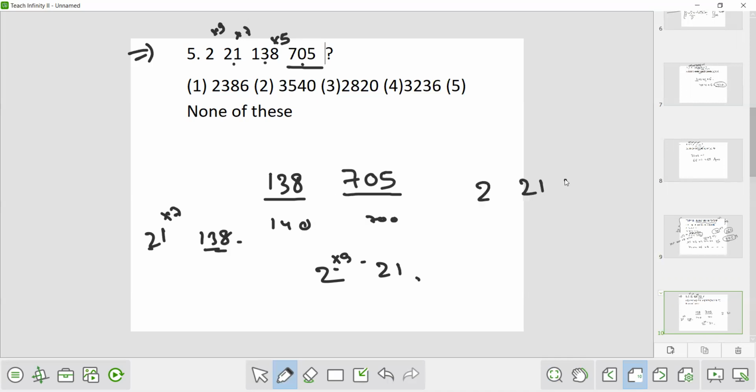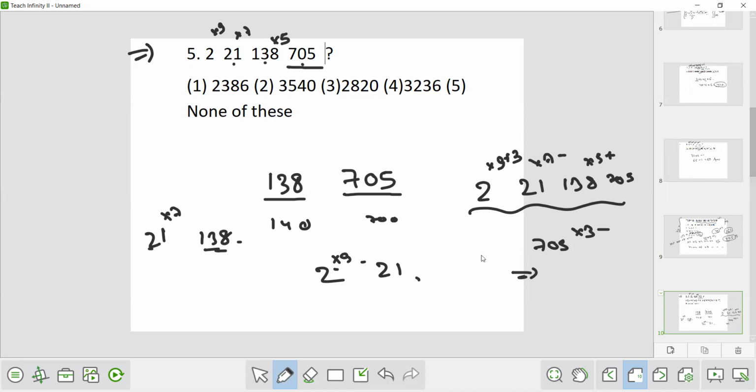If you write 2, 21, 138, 705 into 9, plus 3; into 7, minus something; then into 5, plus something. So the rule is not getting clear. Then 705 into 3 minus something. Okay, the rule is not getting clear. So you came to know that there will be some different rule over here. It is confirmed that it is 5 times of this.